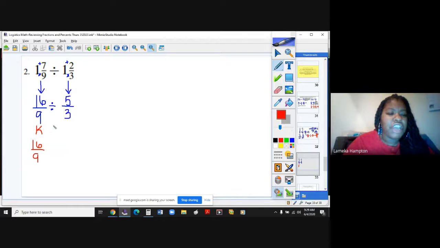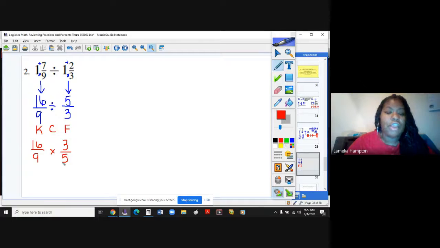I am going to change my division sign to multiplication, because they are inverse operations of each other. Then I'm going to flip my second fraction, and instead of it being 5/3, it is now going to be 3/5.